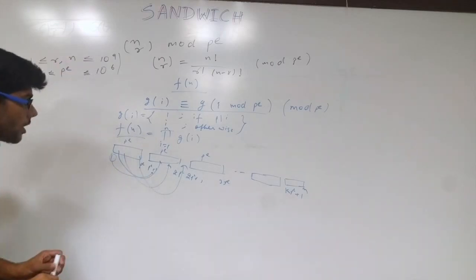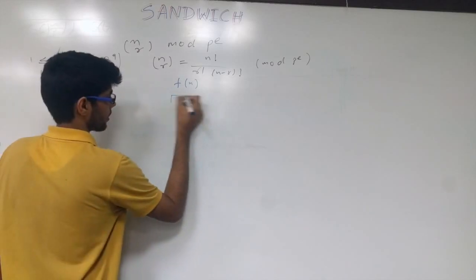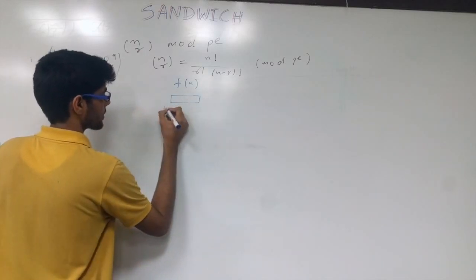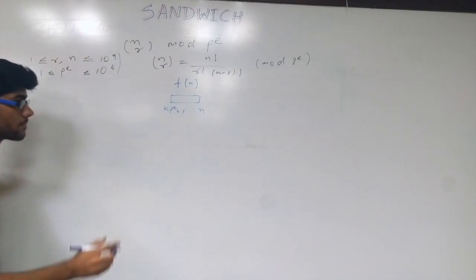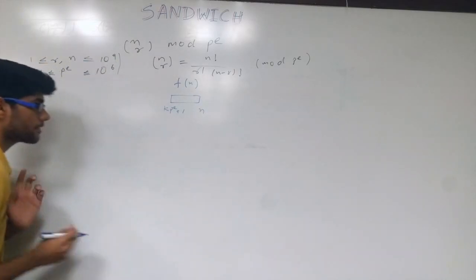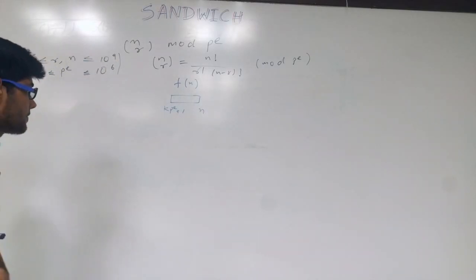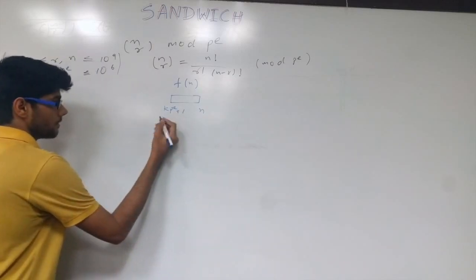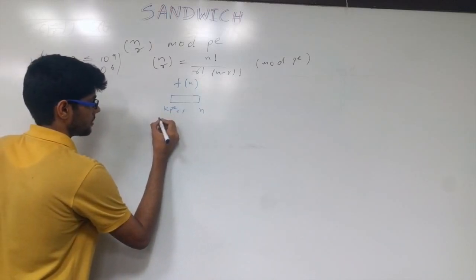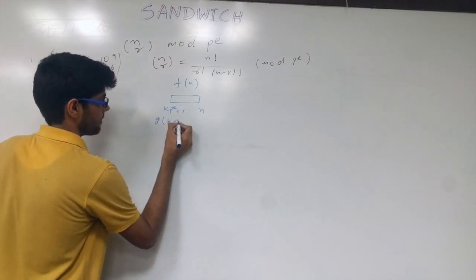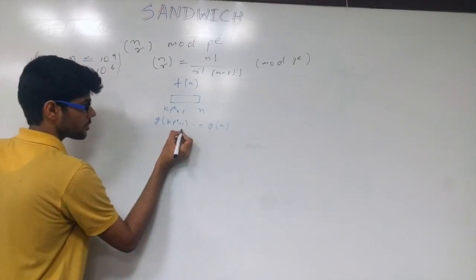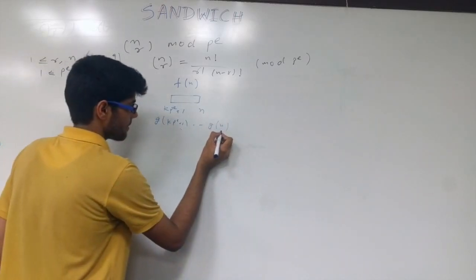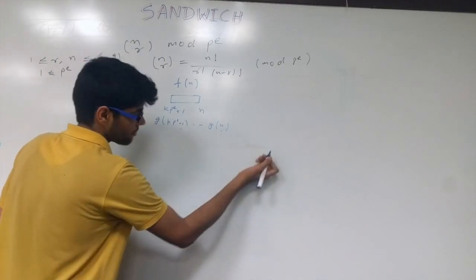Now consider the last block. The last block starts at kp^e plus 1 and ends at n. So the product of the last block is g(kp^e plus 1) to g(n). Now this is the same as g(1), and this is the same as g(n mod p^e).